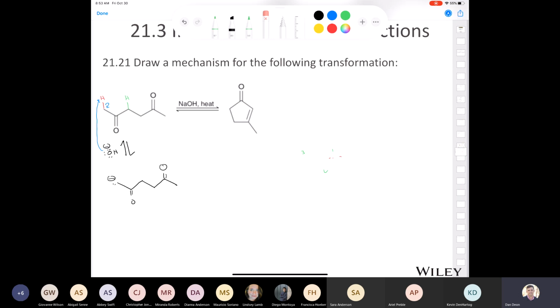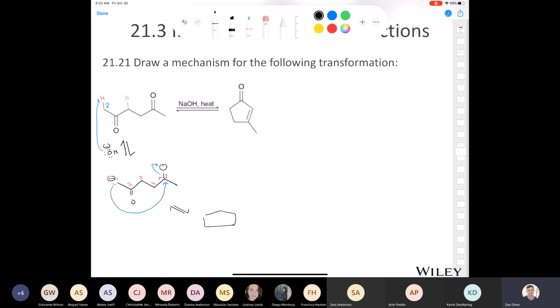Okay, let's just draw it straight and count some carbons, and we'll be able to get the right answer, I promise. So we're going to get a nucleophilic attack like this. Then you can just tally them up. Look, I've got 1, 2, 3, 4, 5 carbons in a ring. So what's that going to look like? It's going to look something like this: 1, 2, 3, 4, 5, right?